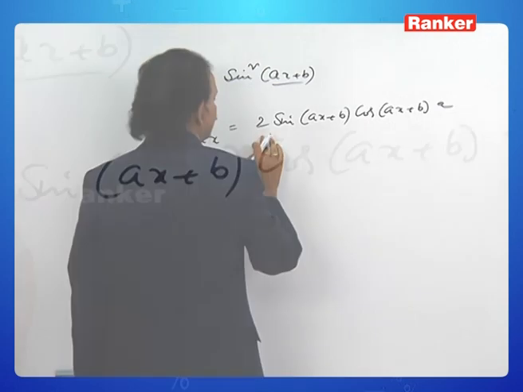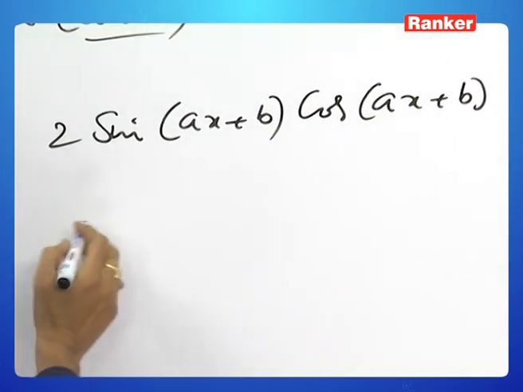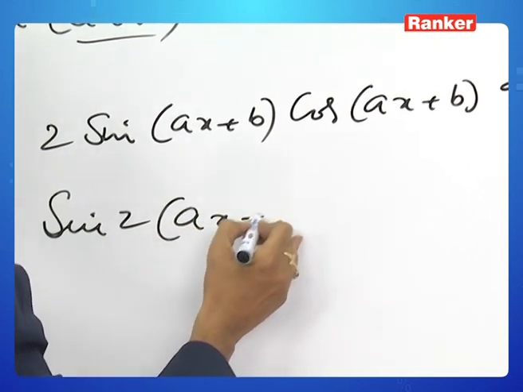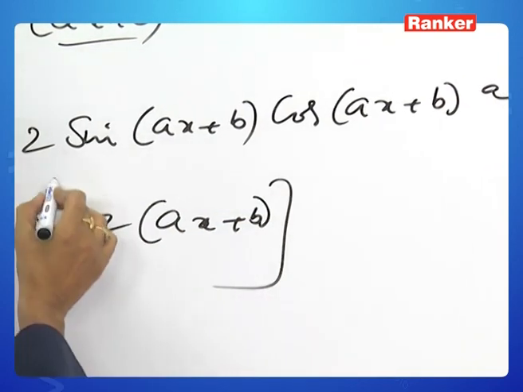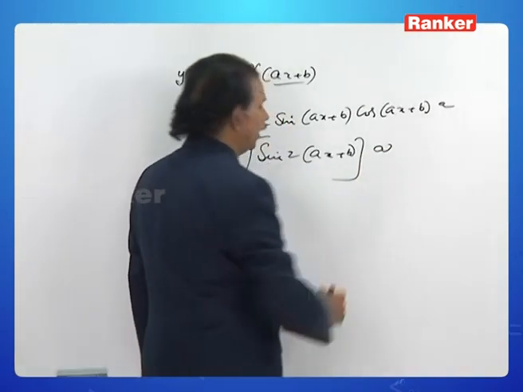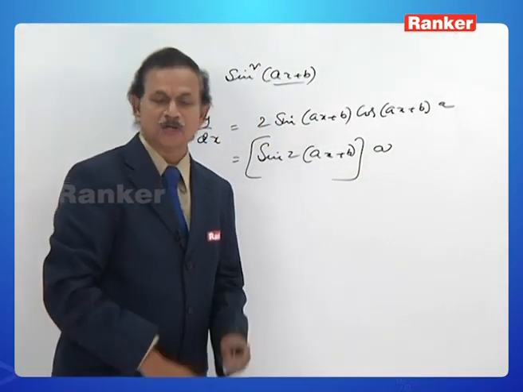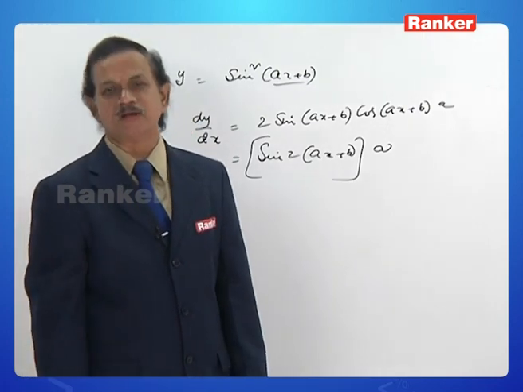Altogether, 2 sin theta cos theta is nothing but sine of 2 into theta, a. That is the derivative. This is another simple example of a function which looks like a function of a function.